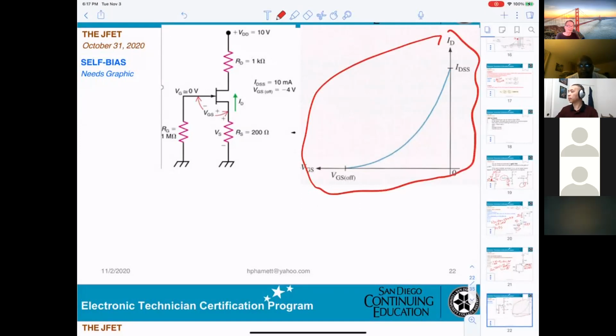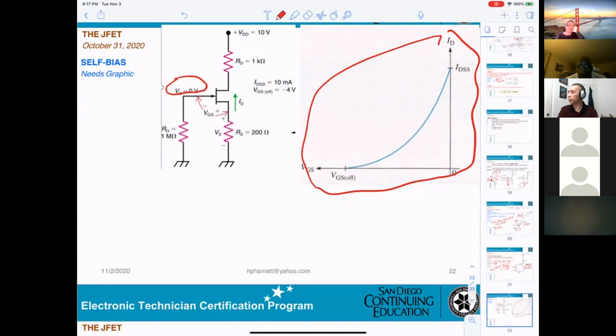Without that, it is very hard to solve. Okay, now VG, you say it equals 0. The gate is shorted to the ground.